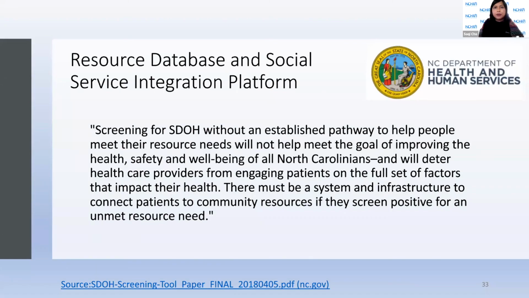Again, I just want to point out the importance of connecting patients to community resources. One of the main concerns that we hear from health centers about the SDOH screening process is, I've screened my patients for a particular issue, and now what? It's almost irresponsible to identify a problem and then do nothing about it. And the state of North Carolina is essentially saying the same thing. To address that, they created a resource database and a social service integration platform.